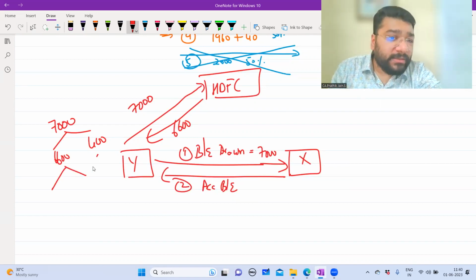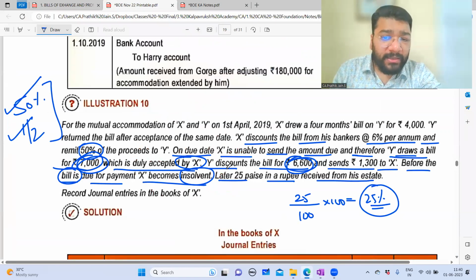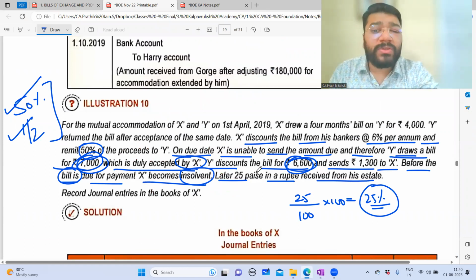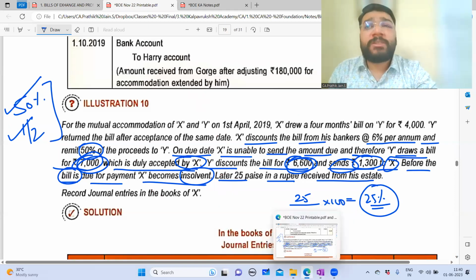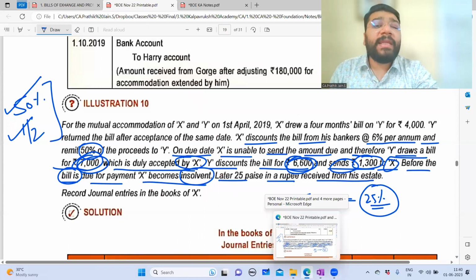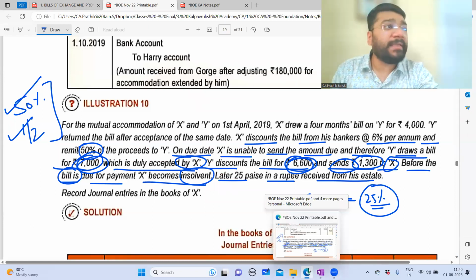So now the thing is, here they have not mentioned for this 7,000 rupees what is the proportionate ratio they have to split. They have not given it, though they have told that 1,300 is sent to X, but this is not the ratio of proportion. The ratio of proportion they have to explicitly tell, saying that the ratio of proportion is so much percentage, something like that. They have to give a hint.